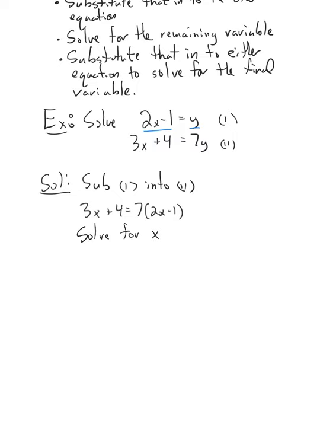So I'm going to use my equation solving skills here. Let's clean up the right-hand side. We have 3x plus 4 equals 7 times 2x is 14x. 7 times minus 1 is minus 7. Well, let's get all of the variables over the right-hand side. It doesn't really matter. So I'm going to subtract 3x from both sides.